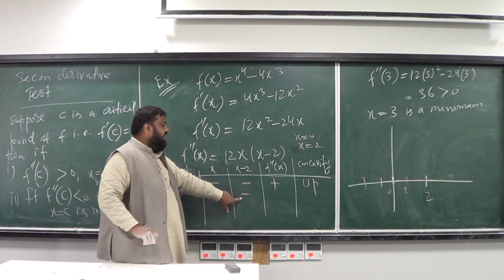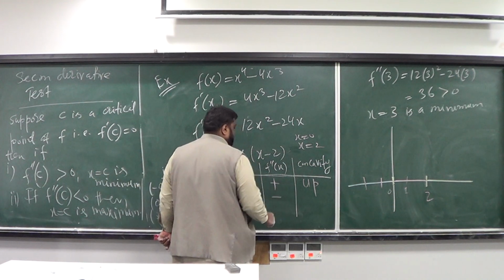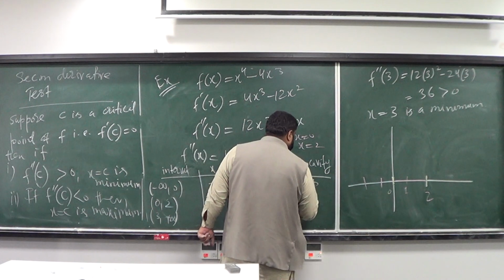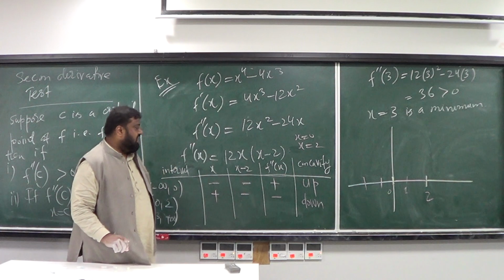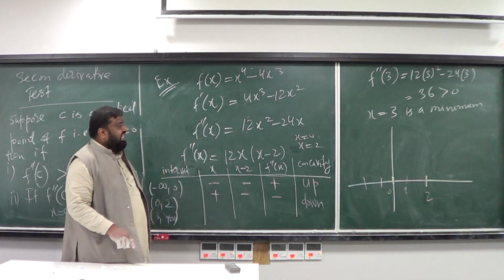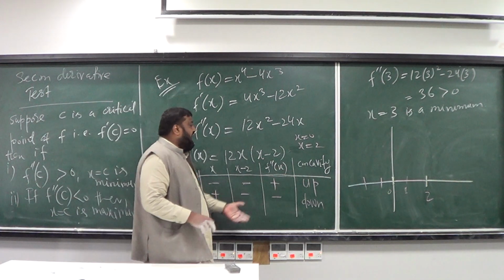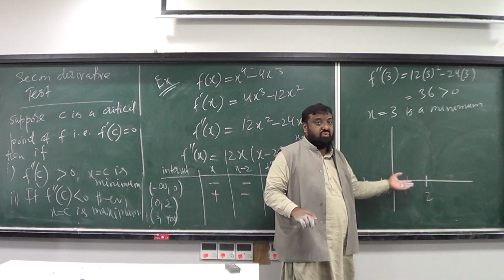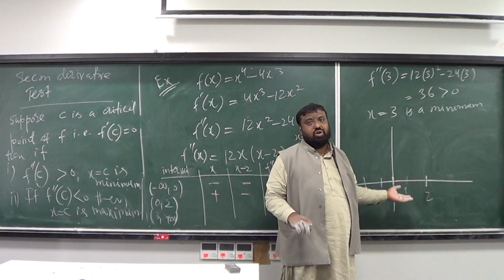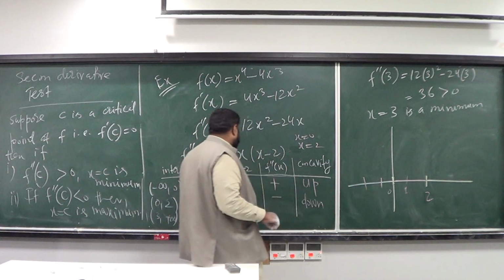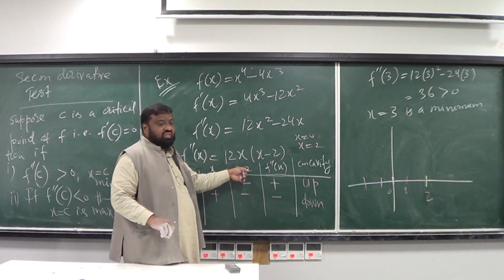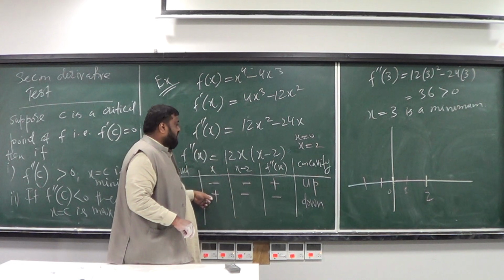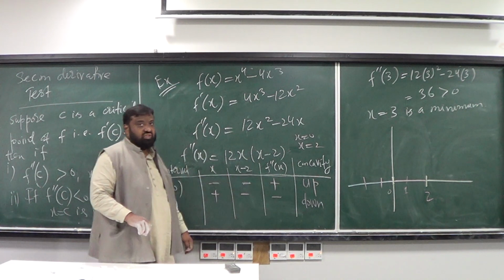If you multiply both, you're going to get a negative number. So in this interval, your curve is concave down. You can take another number, for example 1/2, or 3/2, doesn't matter. 1/2 minus 2 is still negative, 1/2 is positive, so the concavity is down.